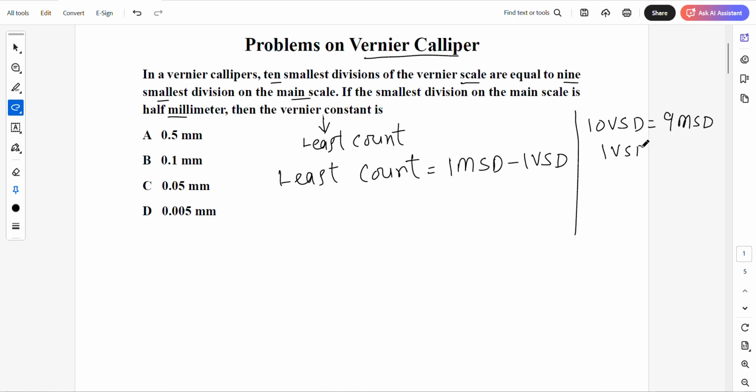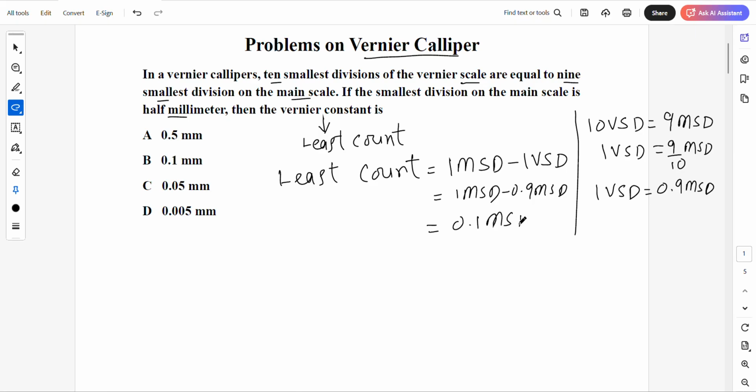Therefore, 1 VSD is equal to 9 by 10 MSD. Therefore, 1 VSD is equal to 0.9 MSD. Just substitute this here. 1 MSD minus 0.9 MSD, that is equal to 0.1 MSD.